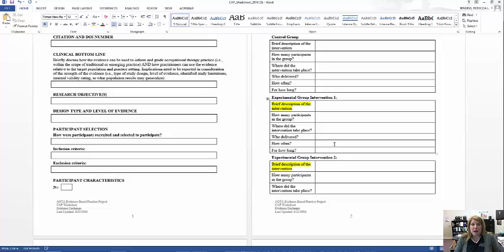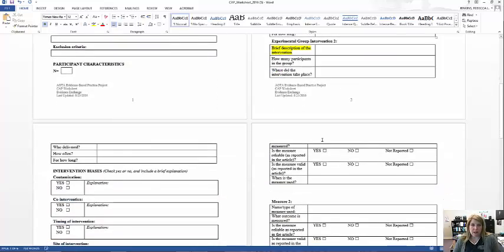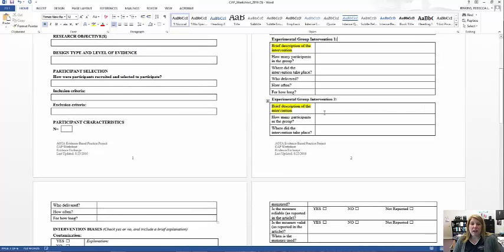I care about all the interventions they did related to music, but I don't care about that intervention related to feeding, because it might have worked in their research, but it doesn't relate at all to my subject. So I'm only going to talk about the stuff that applies to my clinical question. That will help you in not feeling like you have to write every single one, maybe they have 10 interventions. You don't have to write all of them unless they apply to your clinical question.